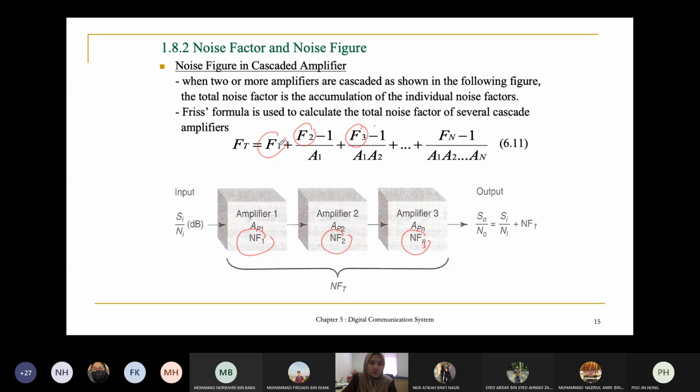To use this Friis formula, you need to convert NF1, the noise figure 1, into noise factor 1, noise figure 2 into noise factor 2, and noise figure 3 into noise factor 3. Okay? Faham eh?